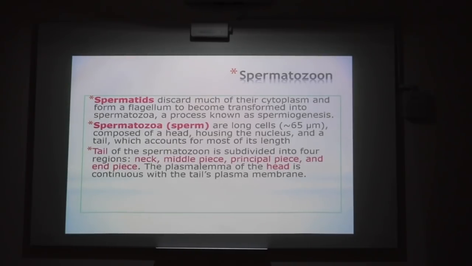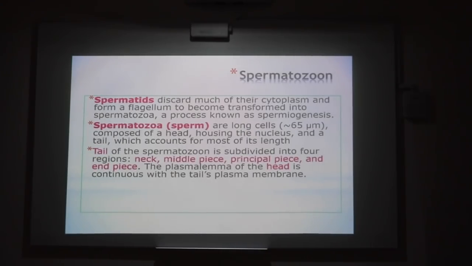Then you have the middle piece. The middle piece has the core of the coarse fibers, and then there are microtubules which are going to surround the coarse fibers. The microtubules surrounding the coarse fibers are called the axoneme complex.